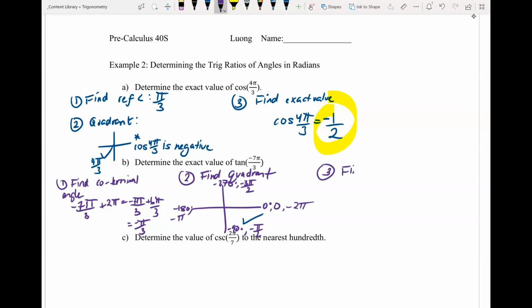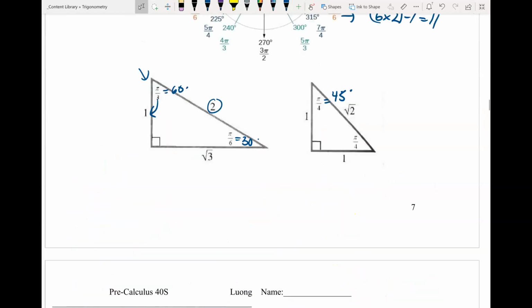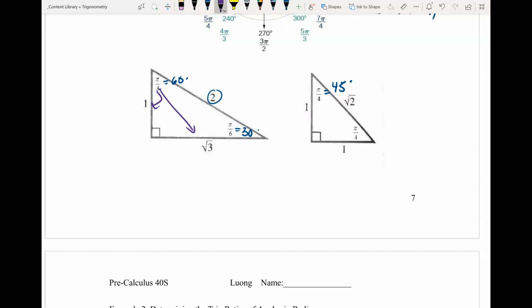Now we're going to find the exact value. Our reference angle is pi over 3. Again, you just remove this negative 7 here, and that would just give you your reference angle. So again, we can refer back to our special triangles. If we're looking at tangent of pi over 3, that is opposite over adjacent, so that is root 3.